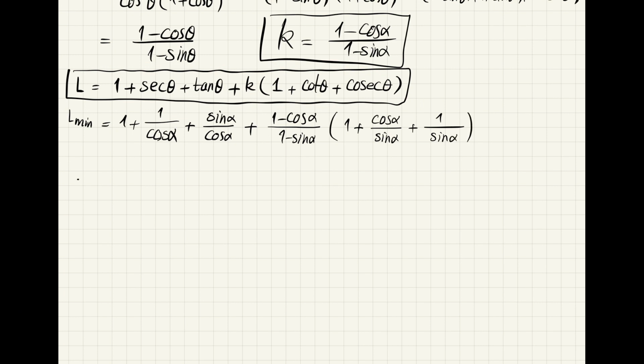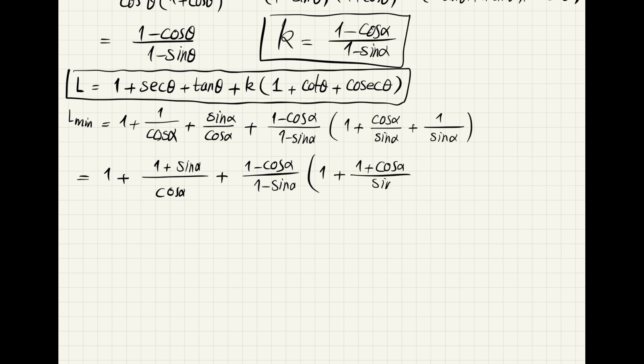So I can write it as 1 plus, for example, I can take the common denominator here. So it's 1 minus cosine alpha, 1 minus sine alpha, and then I have 1 plus cosine alpha divided by sine alpha.